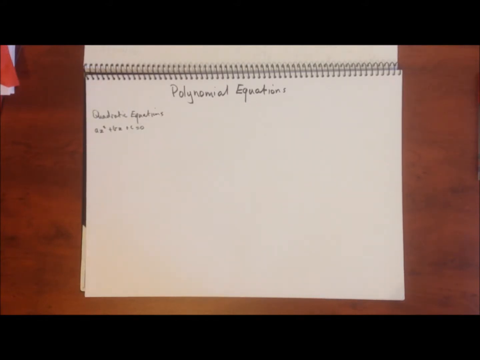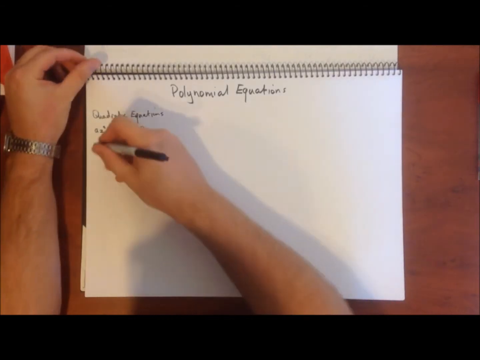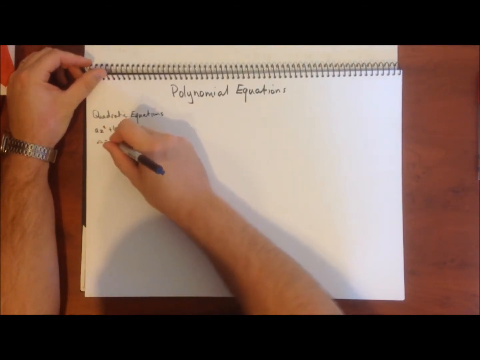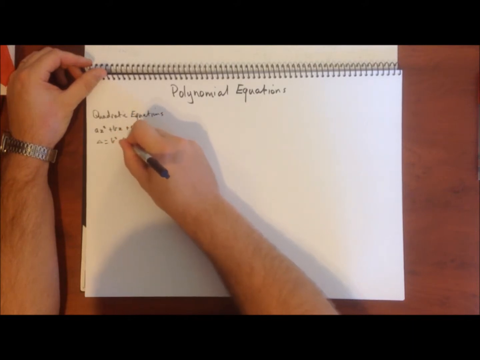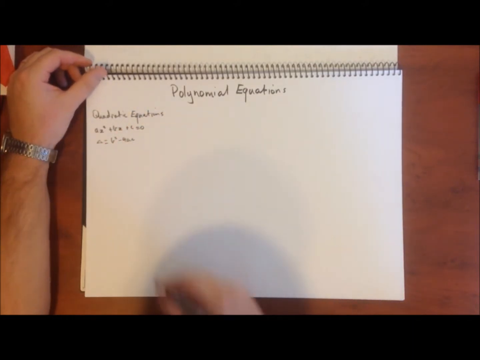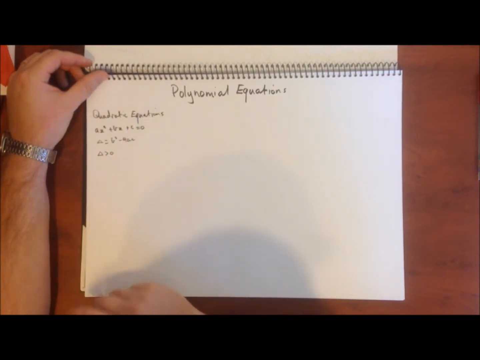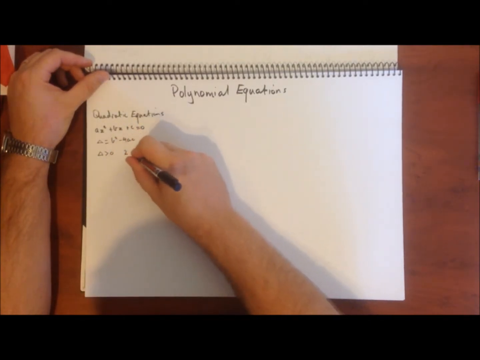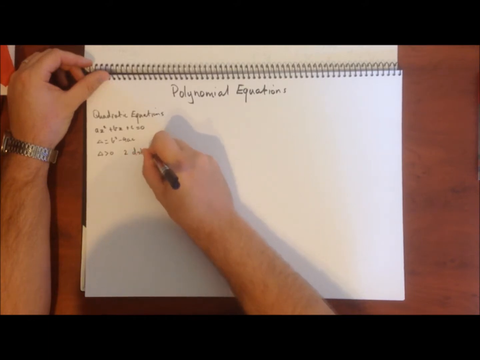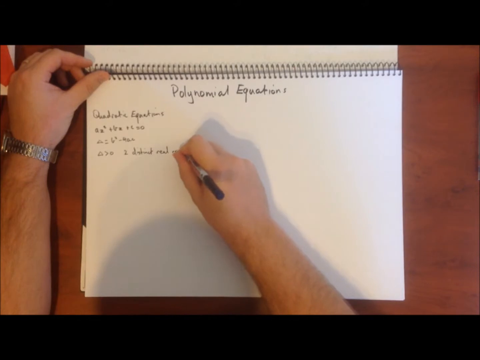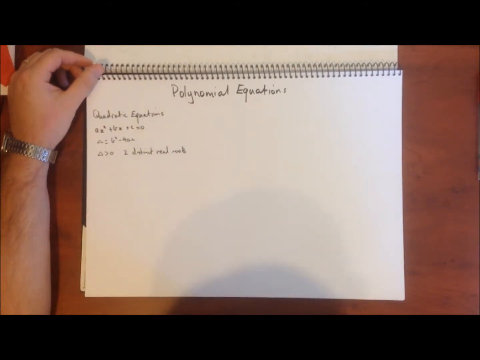Then the roots depend upon the discriminant. Remember the discriminant is equal to b squared take 4ac. If the discriminant is bigger than 0, then we have two distinct real roots, or real factors.